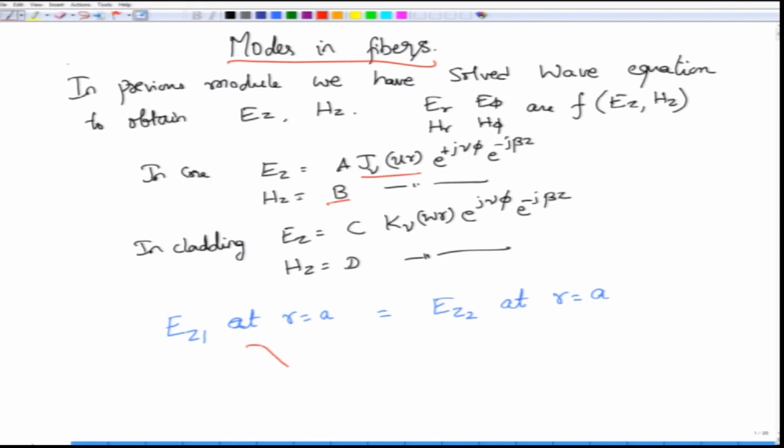It would be at certain peak value and then it would start to drop like this, and at R equal to A it would have reached this point. Next, what this condition implies is that the decaying part of the solution must begin at the same point and then it has to decay out like this.